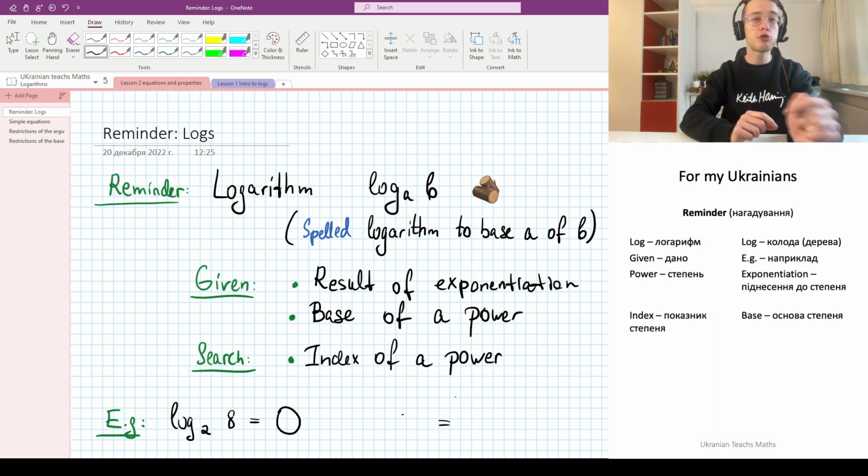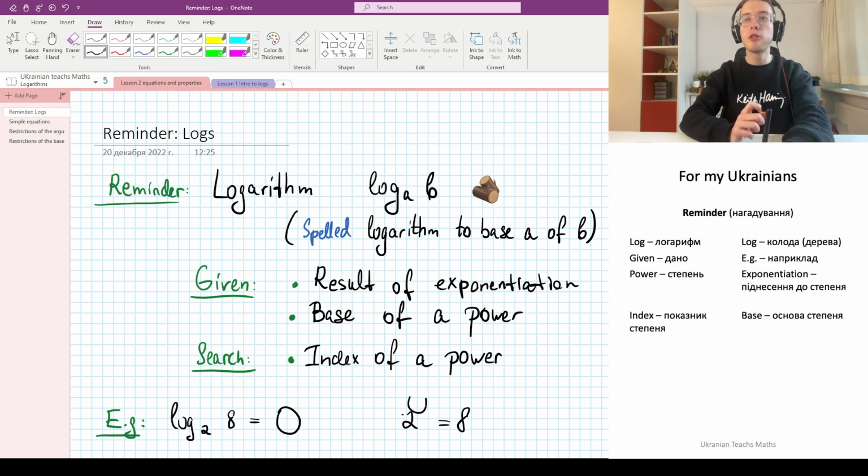So let us rewrite this using powers. I have the result 8 on the right. So this is the result of exponentiation, what I get after I raise something to a power. And I have the base number 2 on the bottom as the base number of a power.